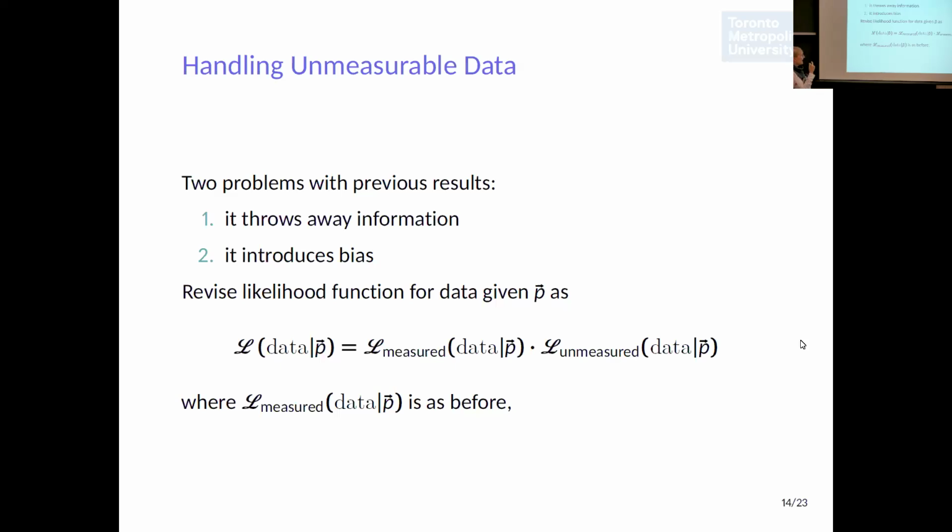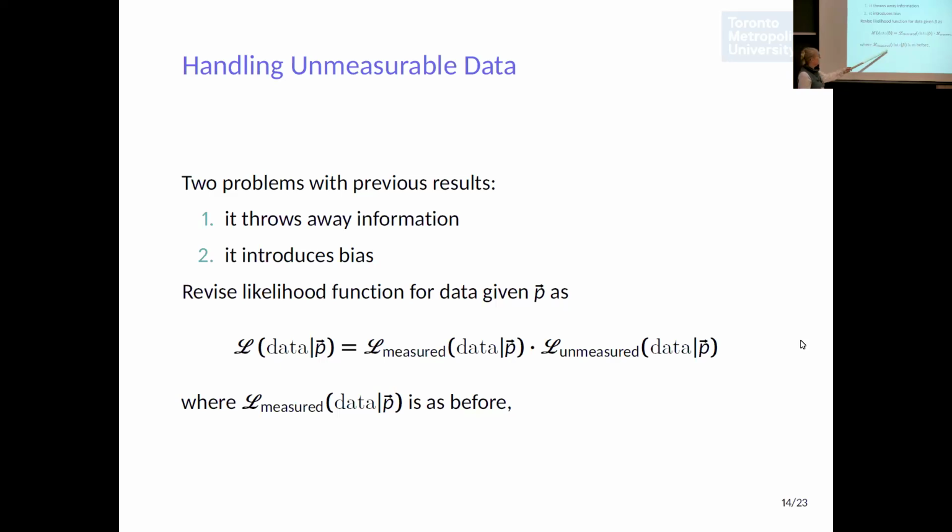But now we're going to account for the fact that we know it's there, it's just too small to measure, right? So we are going to change the likelihood function to be the product of the likelihood of the measured data times the likelihood of unmeasurable data.